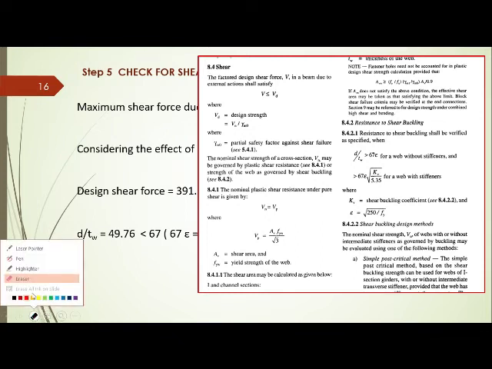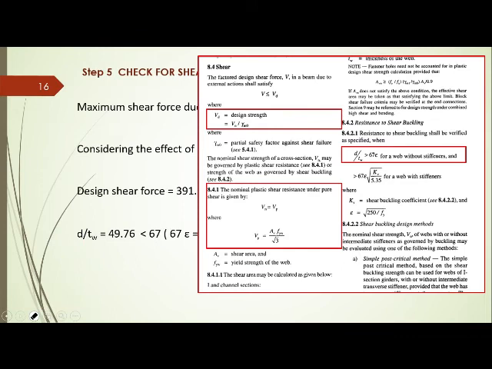It is an important clause. First of all, we have to check d by tw, the buckling characteristics of the web, whether there is shear buckling occurring due to shear. If the ratio is greater than 67 epsilon, there will be a chance of shear buckling.